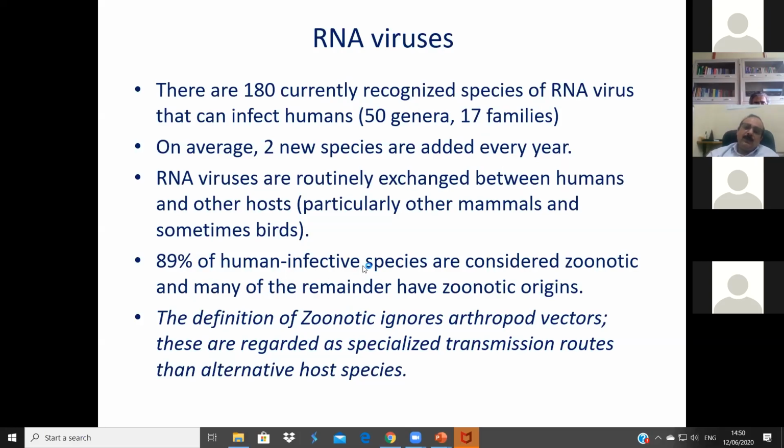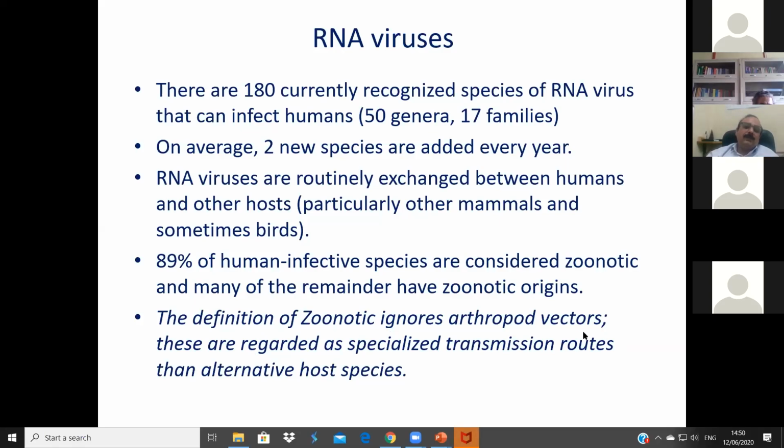We talked about zoonotic diseases, which are transmitted from vertebrate animals to human beings. So 89% of human-infective species of RNA viruses are zoonotic, and the others will also have zoonotic origin. This now working definition of zoonosis ignores arthropod vectors.